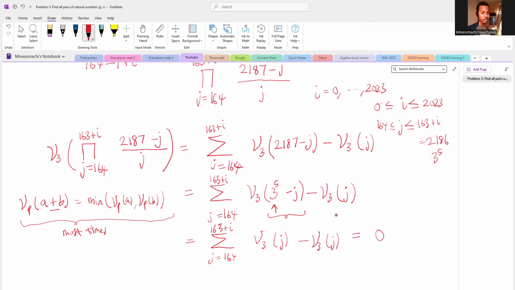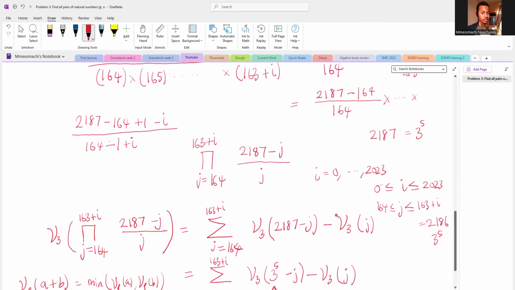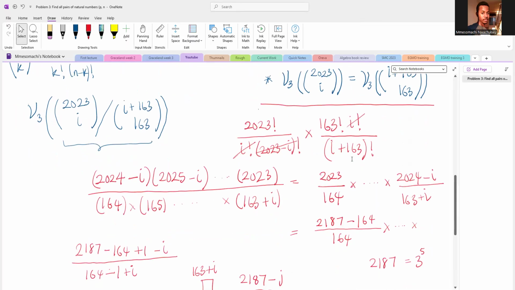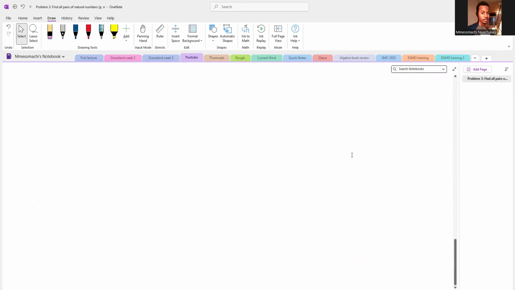Okay. So basically, what we've shown is that the PID value of 3 in 2023 combination i is the same as the PID value of 3 in i plus 163 combination 163. So we can just consider this.